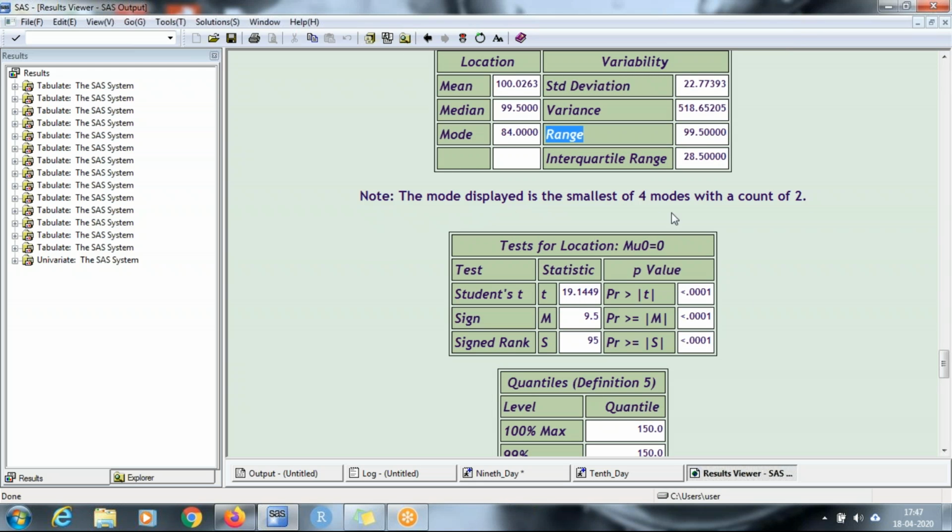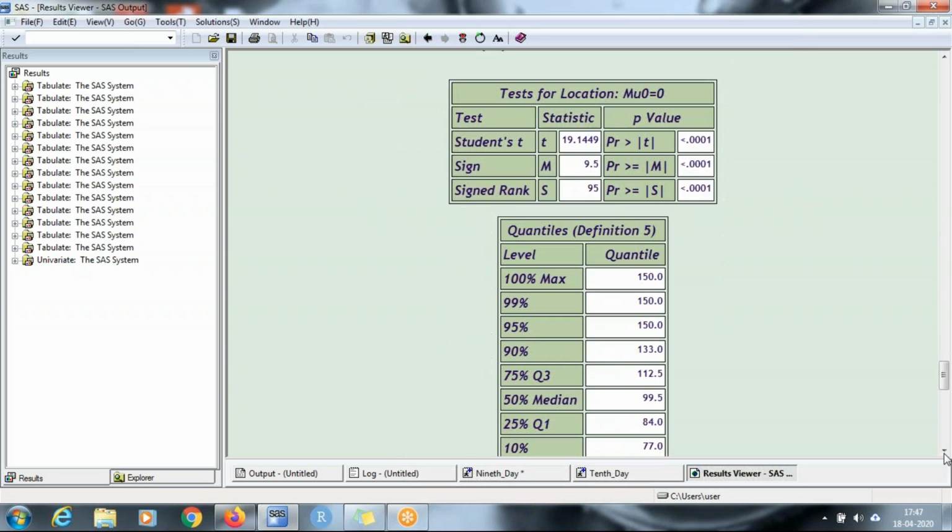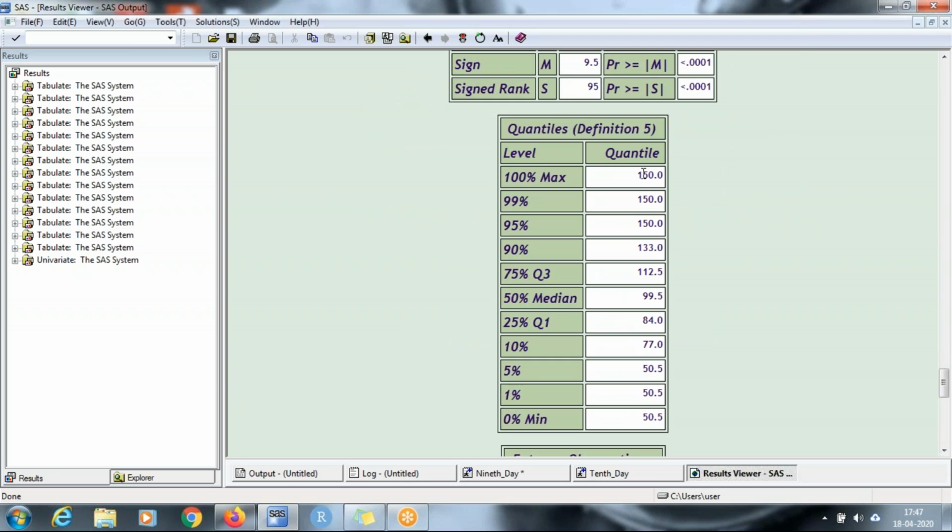The mode displayed is the smallest of 4 modes with a count of 2. Then tests of location, and quantiles, at what quantile which data point lies.